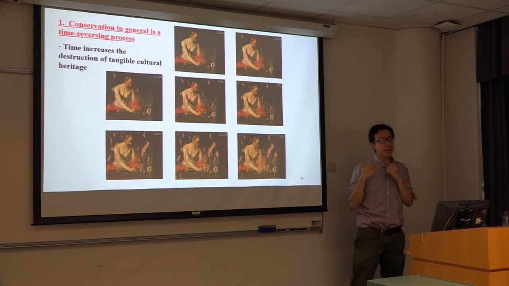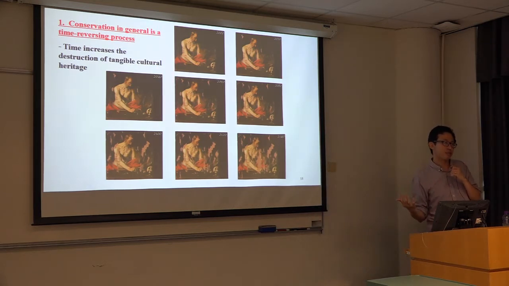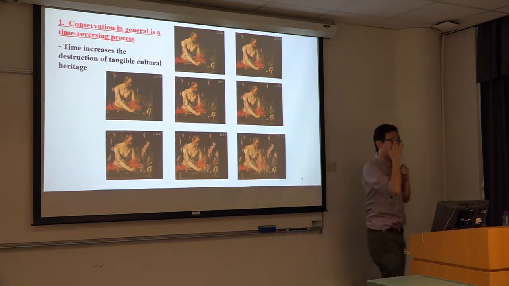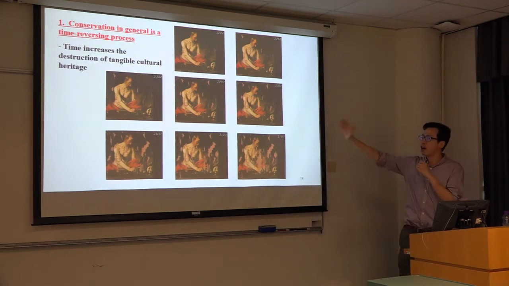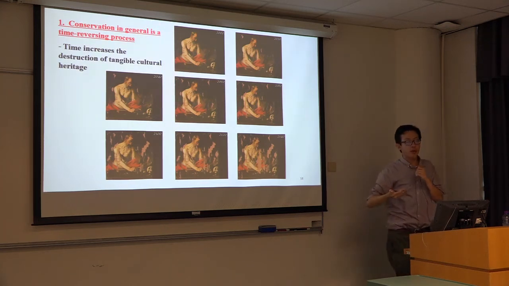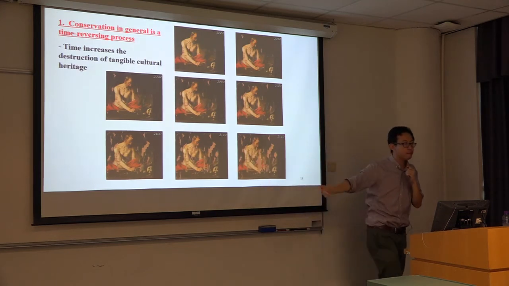For cultural heritage conservation, what we need to do is try to reverse this time process in order to save or maintain the status of cultural heritage and bring it back to a certain time spot so that we can extend its life a bit longer.